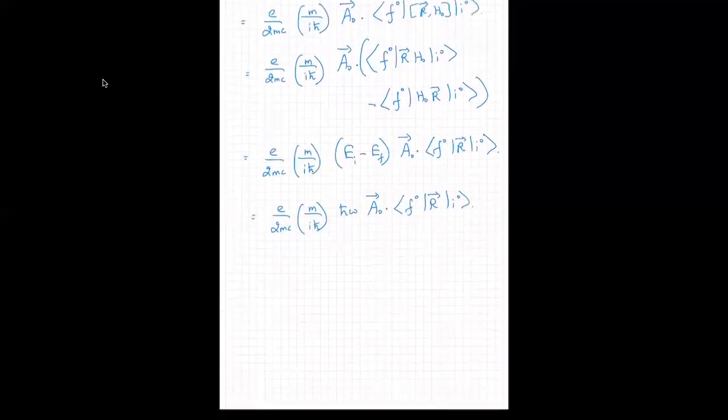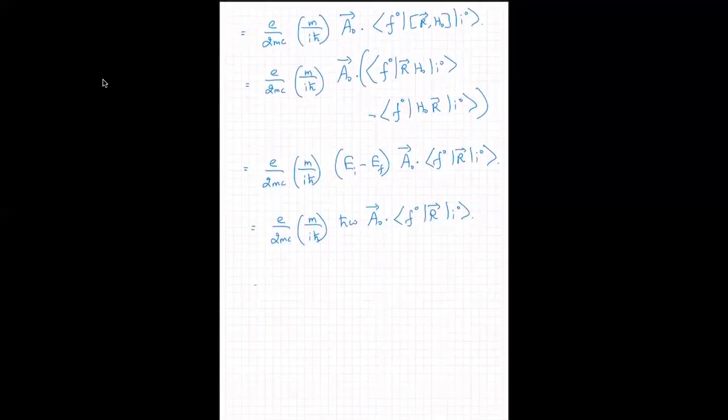If you clean up all these things, the m cancels, the h bar cancels, and you have 1 over 2c omega A0 dot, which I will write as F0 e r I0.